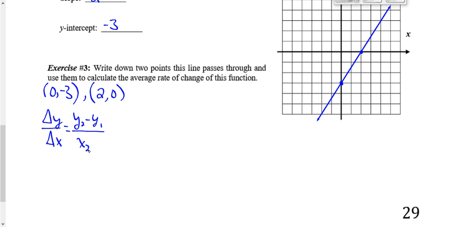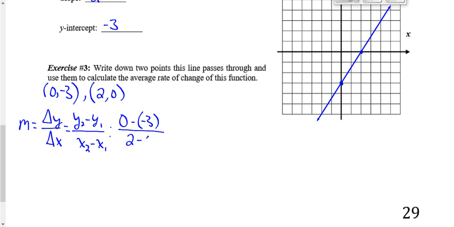X2, second x minus the first x, right? Okay. So let's do that. That's our slope, which is our rate of change. So 0 minus -3, parentheses -3, right? Don't make a mistake of just writing 0 minus 3 there. Over what?